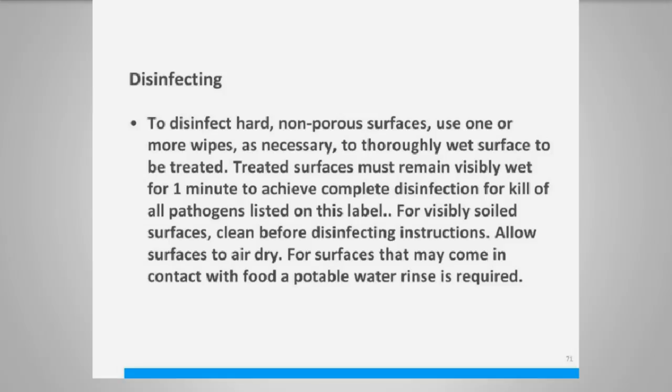And this is one of those wonderful things: 1 minute to achieve complete disinfection for kill of all pathogens listed on label. But here's the part where we've got to train our staff to start looking at this. For visibly soiled surfaces, clean before disinfecting. Allow surfaces to dry. For surfaces that may come in contact with food or potable water, rinse is required.